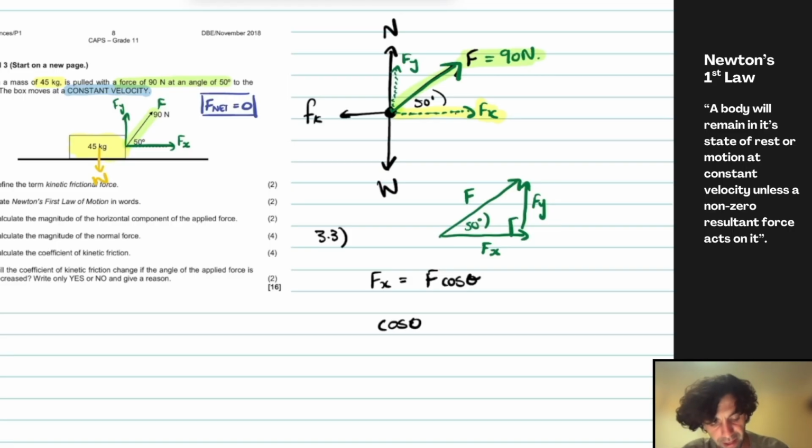Cos of theta is equal to the adjacent over the hypotenuse, which is Fx over F. I'm going to multiply both sides by F. And when I do that, this F comes over to this side and we get our equation: Fx equals F cos theta.